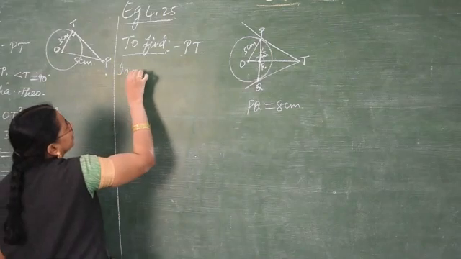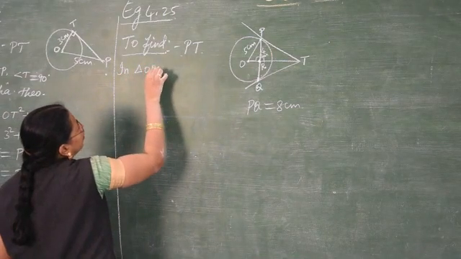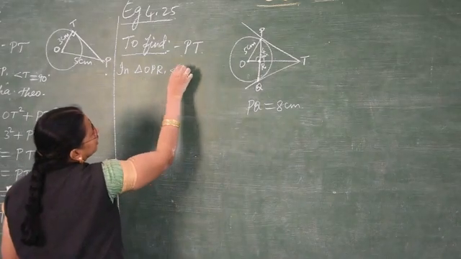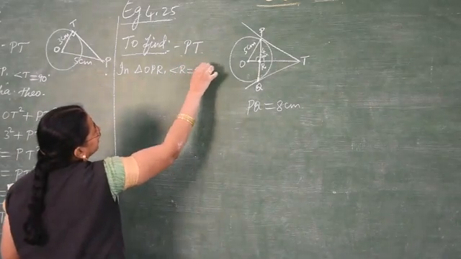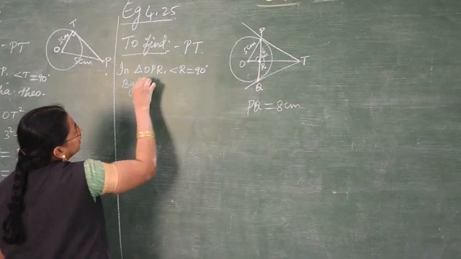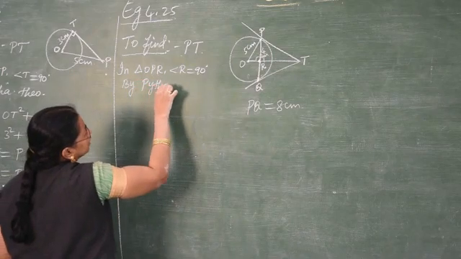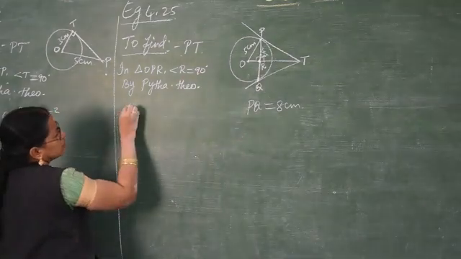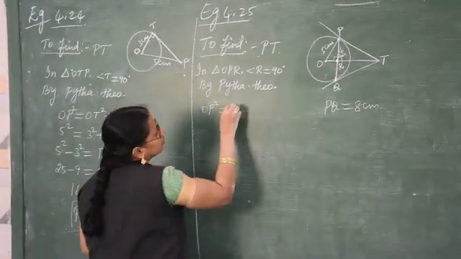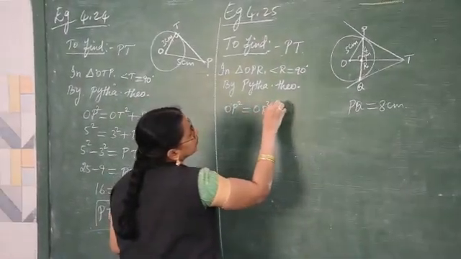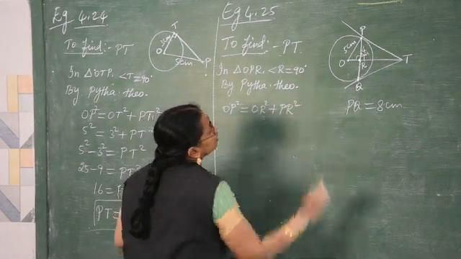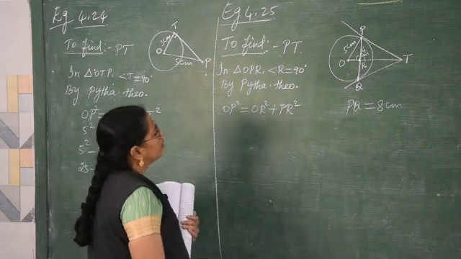Now, in triangle OPR, where OP is the hypotenuse and angle R equals 90 degrees, by Pythagoras theorem, OP square equals OR square plus PR square.